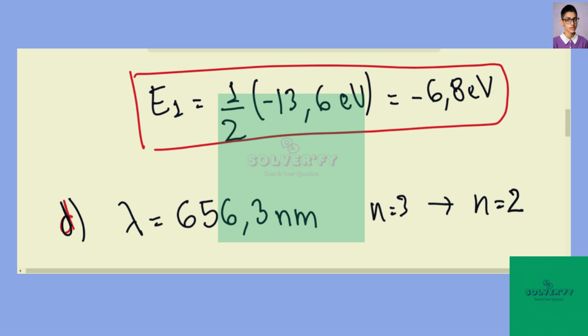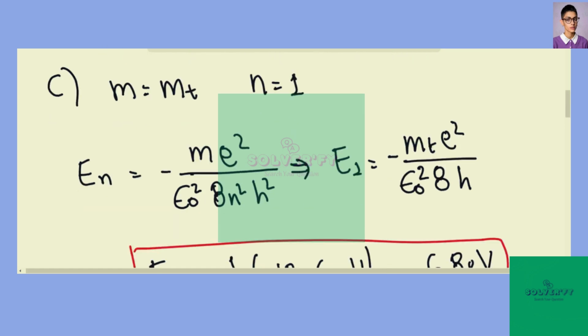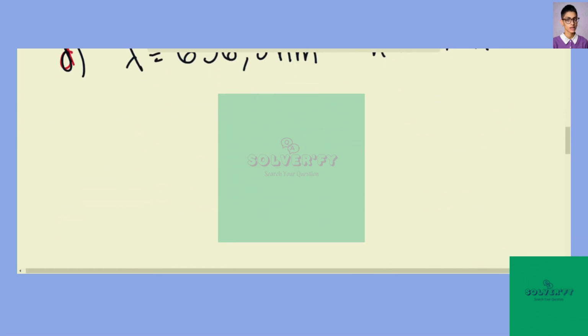With this, we need to calculate the wavelength for the same transition in positronium. So we want the wavelength, and we need the energy, which is the energy difference between the levels. We need to find the energy and then solve for the wavelength. The equation for the energy is Planck's constant times the speed of light over the wavelength.